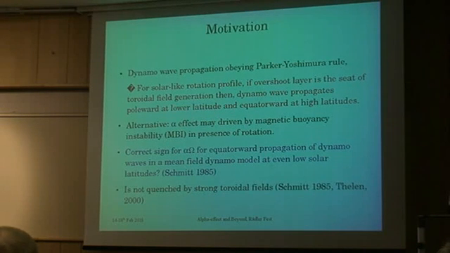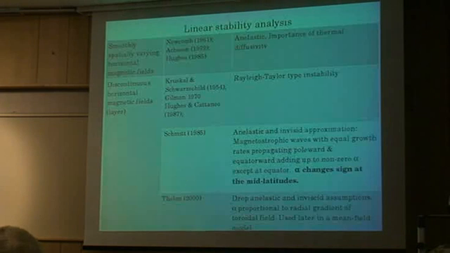And also another attractive feature is that this alpha is not quenched by strong toroidal fields, because this alpha is being caused by the strong toroidal fields in the first place. So the study of magnetic buoyancy instability has exactly these two attractive features.